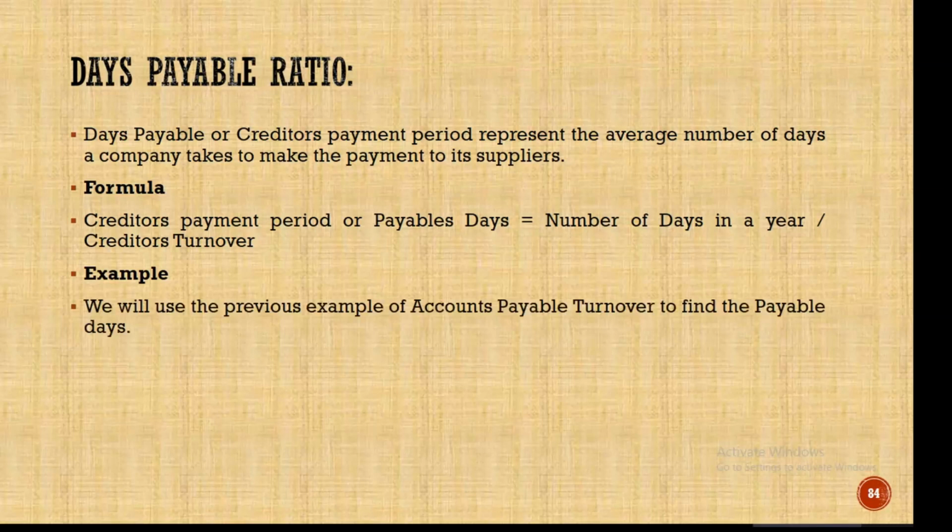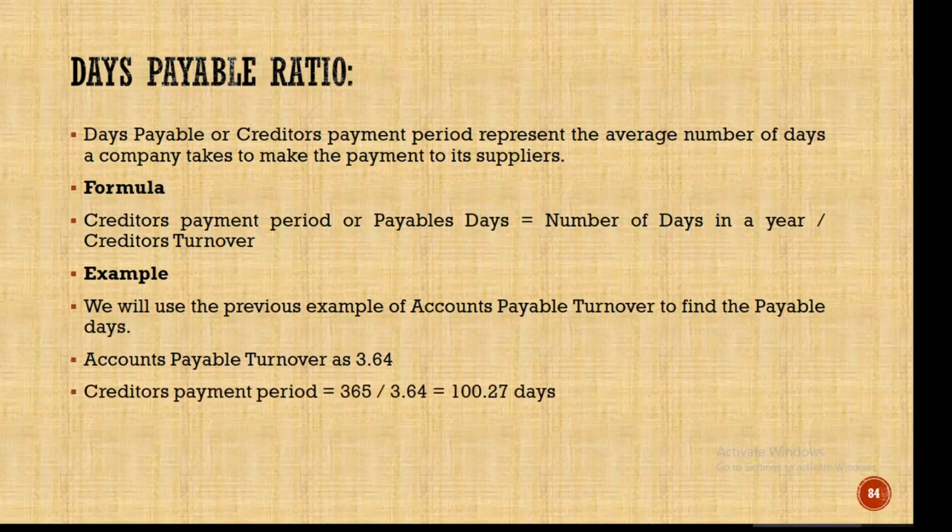So here we will use the same example for finding out payable days. Account payable turnover was 3.64. Creditors payment period here is 100.27 days. That means the company pays its suppliers every 100 days.